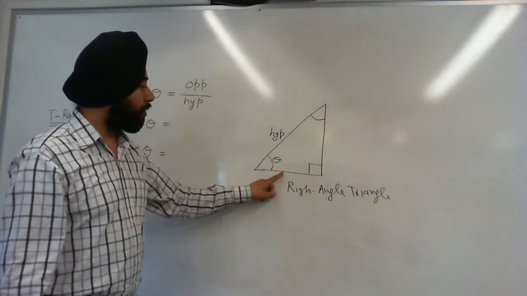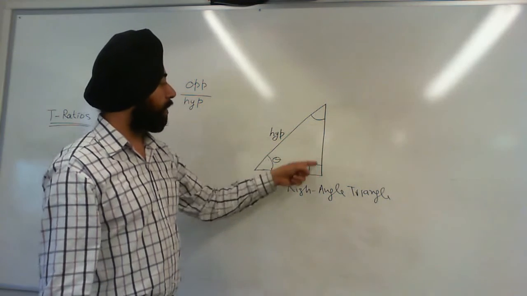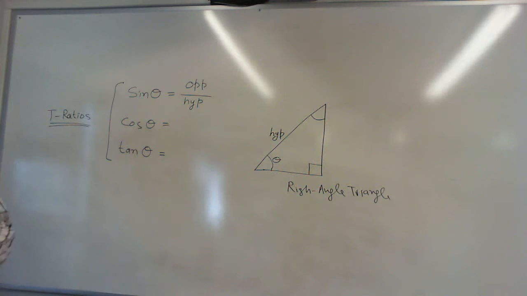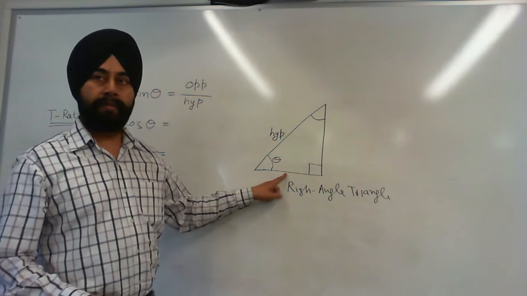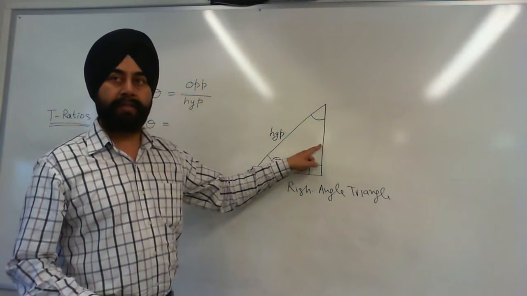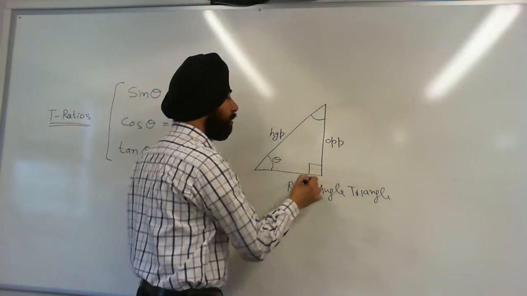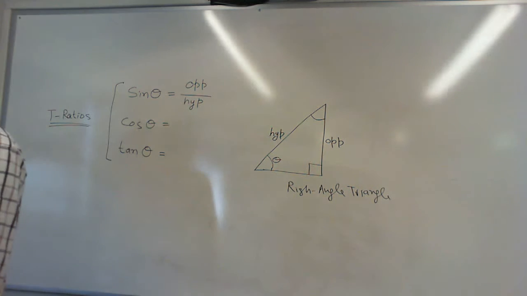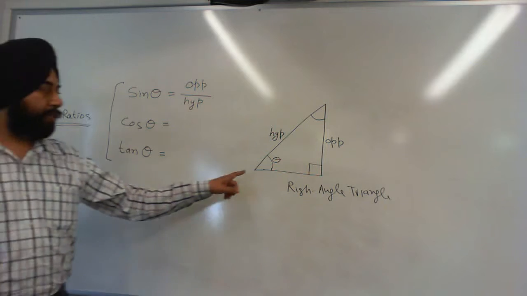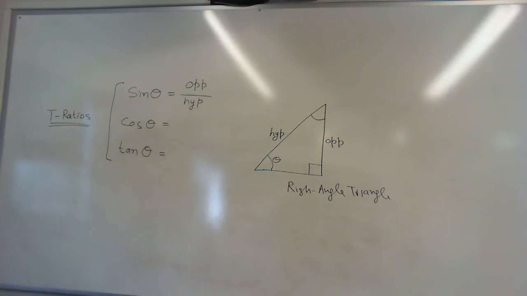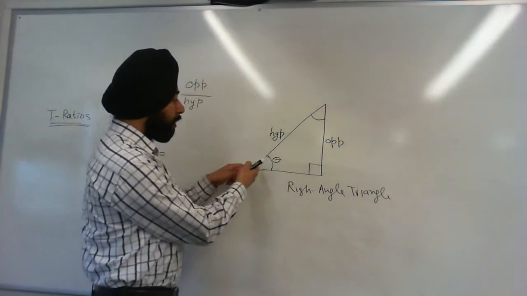Now the other two sides, the base and the perpendicular, which one is opposite? Is this opposite? No. Is this opposite? Yes, this side is opposite. But how do you know that this side is opposite? Why is this side not opposite? It's not across from the angle. You put yourself here.